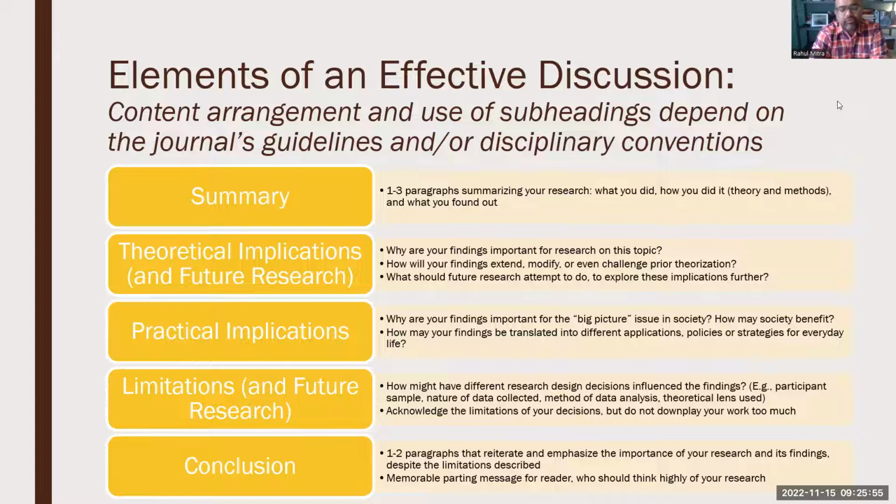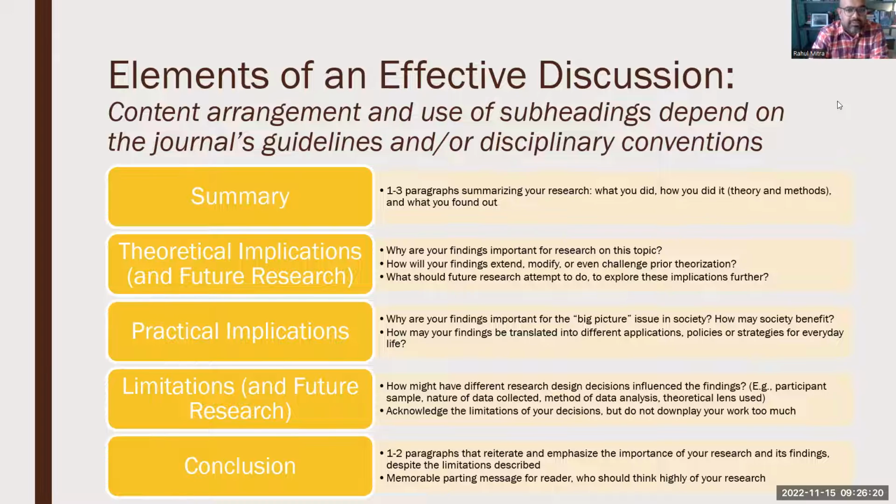It is supposed to reiterate and emphasize the importance of your research and its findings, despite the limitations that you've just described. And again, you want to leave your reader with a memorable parting message, and they should think highly of your research. So again, these are generally the 5 elements of an effective discussion, in my opinion.